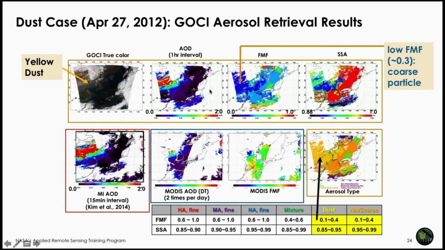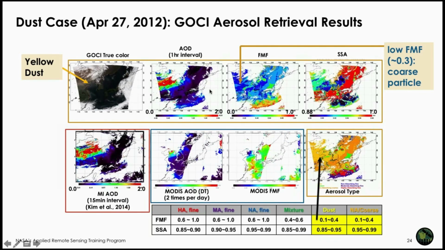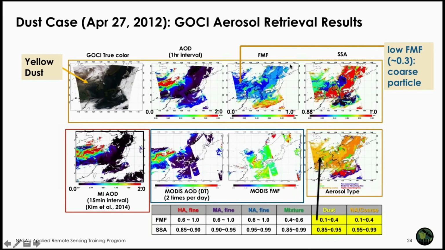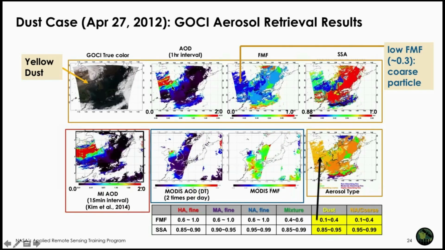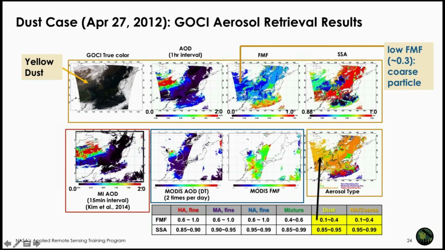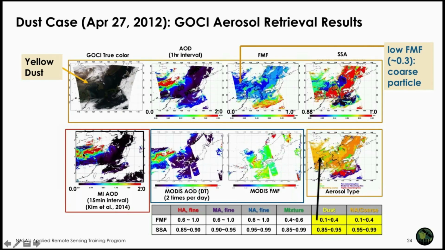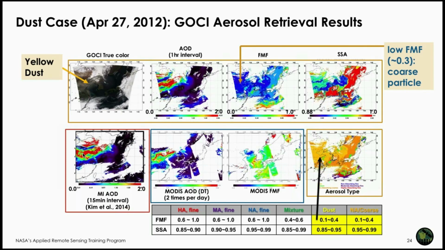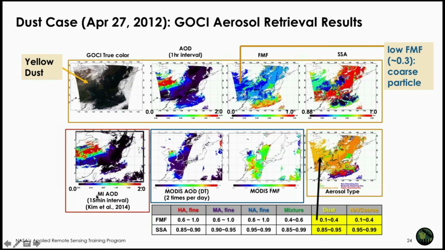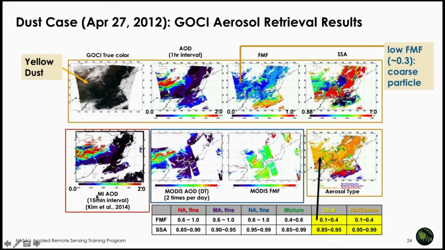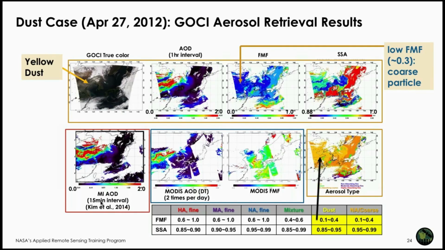After the aerosol retrieval algorithm processes, we can get very high AOD above 2 from GOCI, MI, and MODIS. MI is our previous meteorological sensor having one visible channel, but it has very high temporal resolution, like a 15-minute interval.